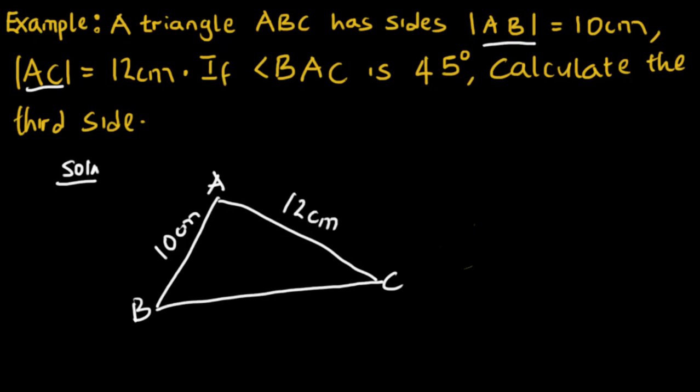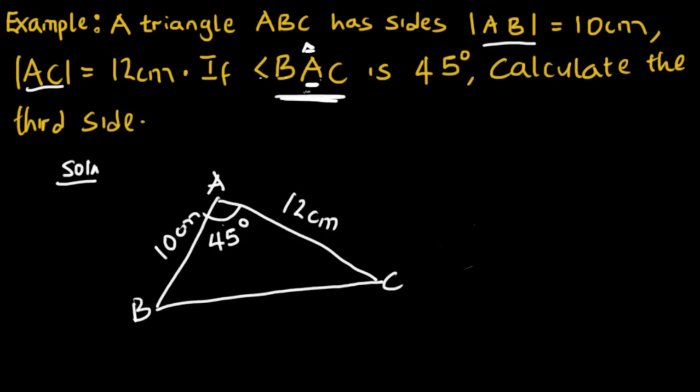If angle BAC is 45 degrees, normally when we've got a representation like this, the angle being referred to is the angle in the middle. So it means that we have angle A as 45 degrees. So angle BAC would be referring to the angle in the middle.